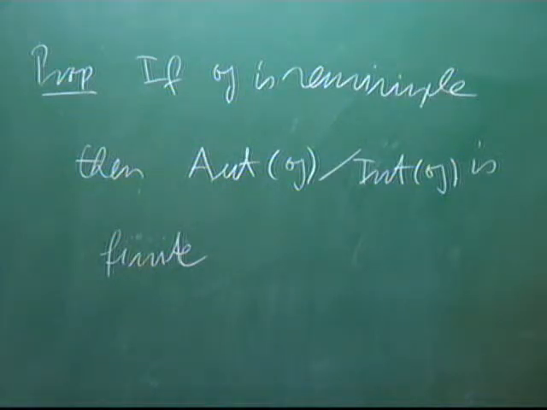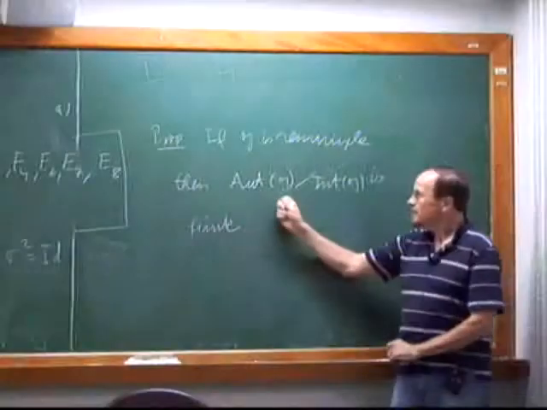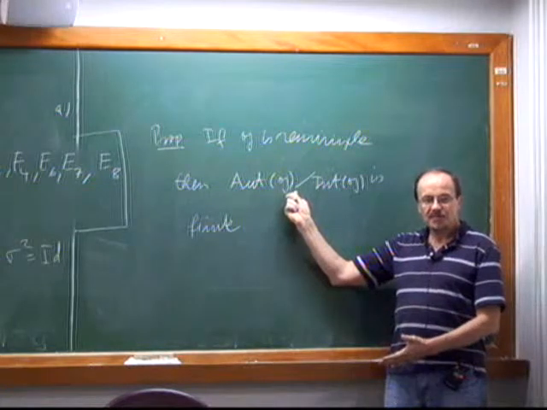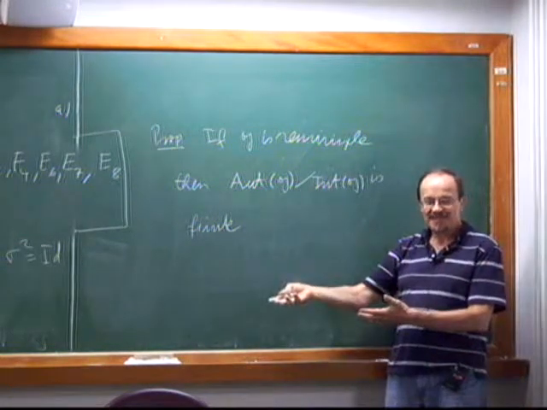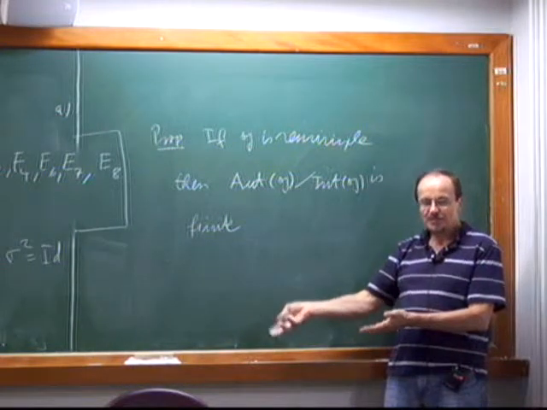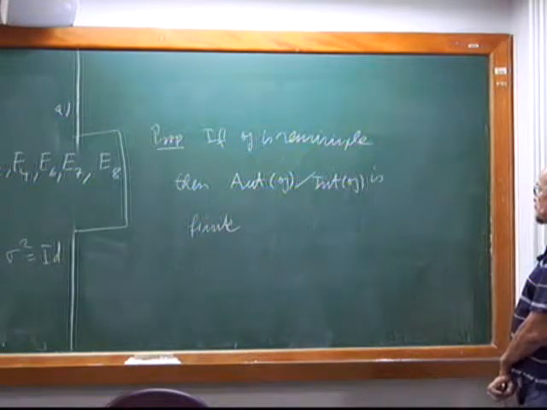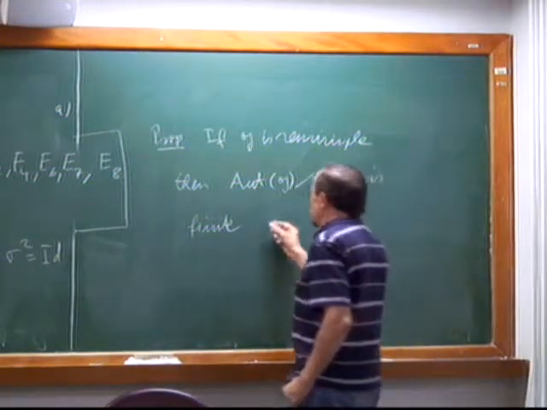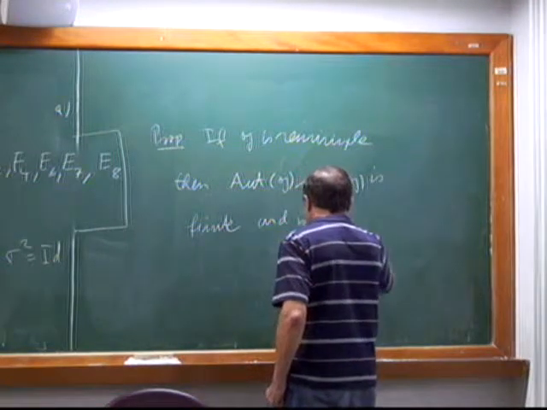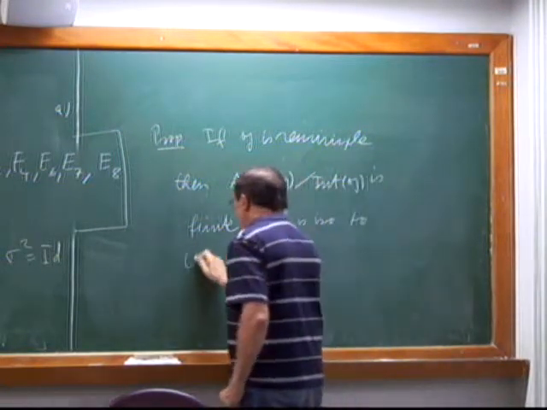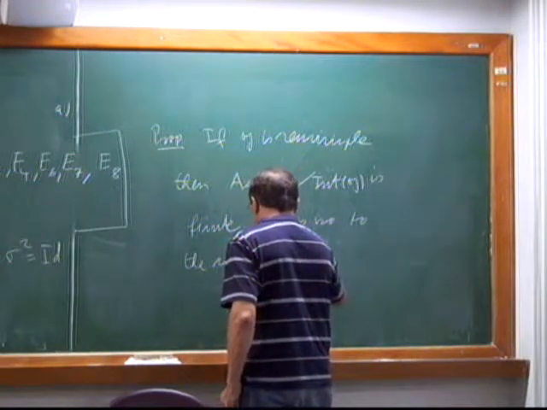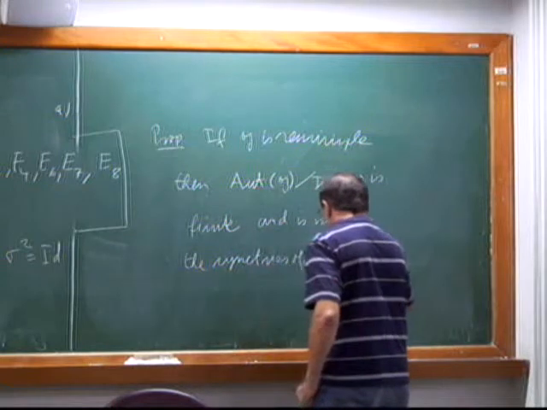You don't need compact, because you can reduce it to the compact case by observing that if I complexify, I get the same group of automorphisms. Then I can take a compact real form, and I get again the same group of automorphisms. So I can reduce it to the compact case if you want. That's not the issue. And then there's another thing which we didn't do, and this is isomorphic to the symmetries of the Dynkin diagram, if you know what the Dynkin diagram is.